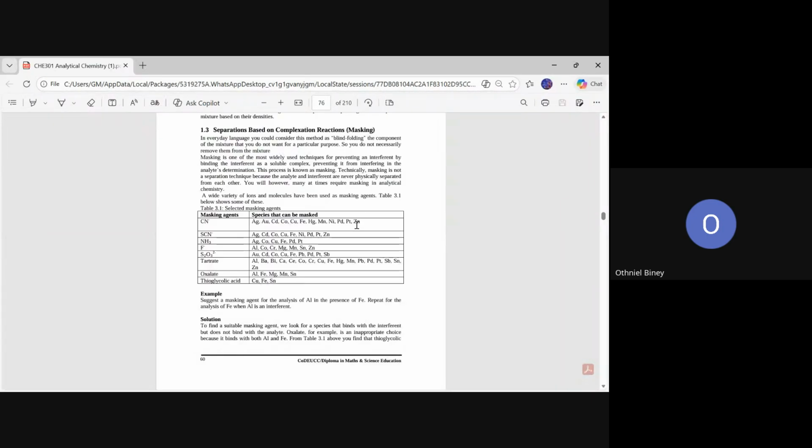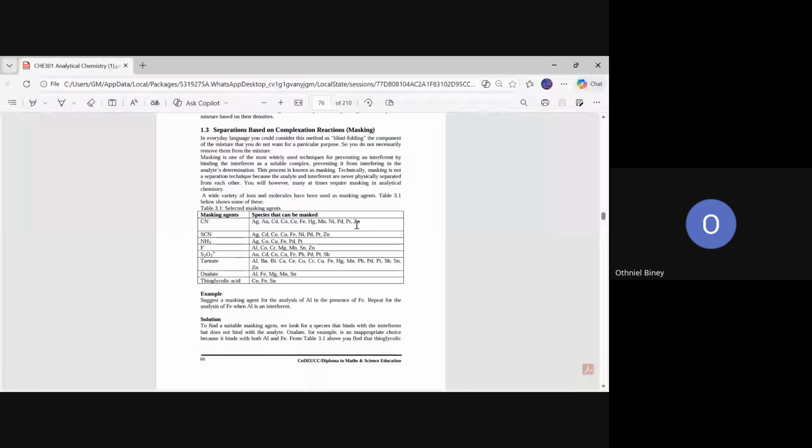The question now becomes which masking agent. First you have to establish that you need a masking agent in order to separate the zinc from the iron. After that, the second question is which masking agent will be suitable to mask the iron in order for us to obtain the zinc that we are after. Do you agree with me?